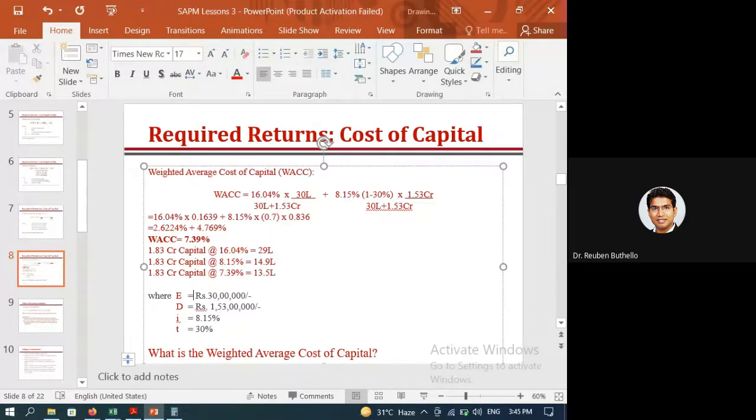On the day of the exam, I will give out a list of companies, secret and known only to me. That list of companies will appear in your question paper. You have to calculate the weighted average cost of capital for that company by yourself and put the answer in the answer sheet, Google form.